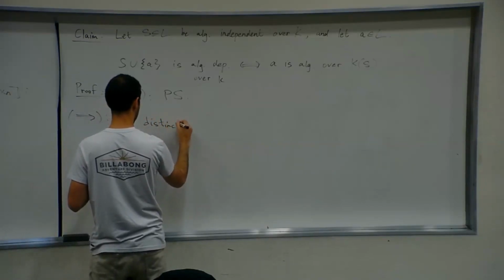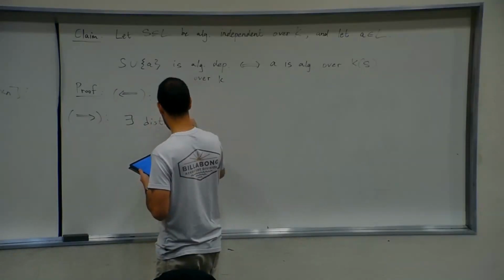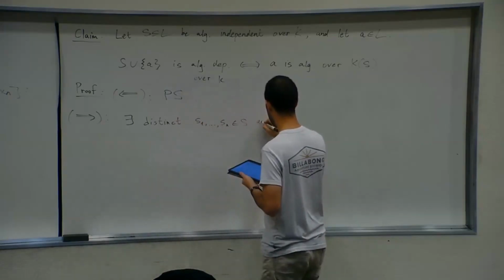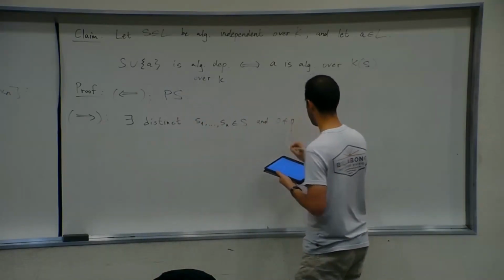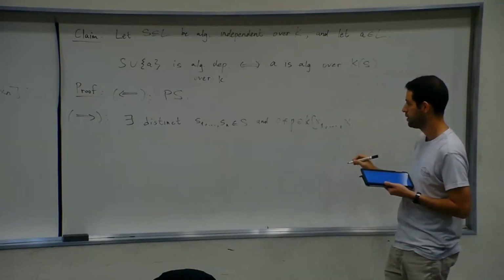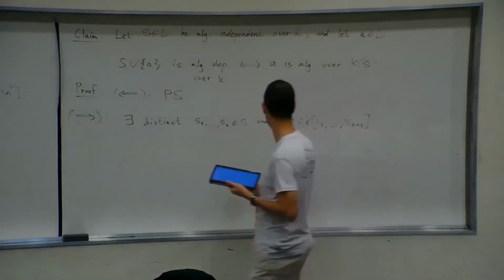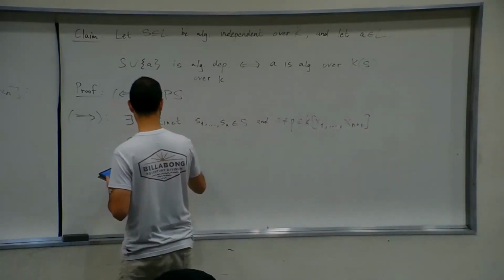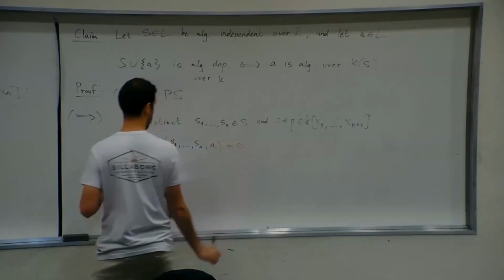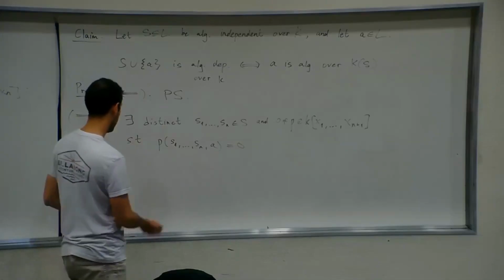There are s1 to sn in S and a non-zero polynomial P in K[x1,...,xn+1] such that P(s1,...,sn,A) is 0. So we satisfy some non-trivial polynomial relation.